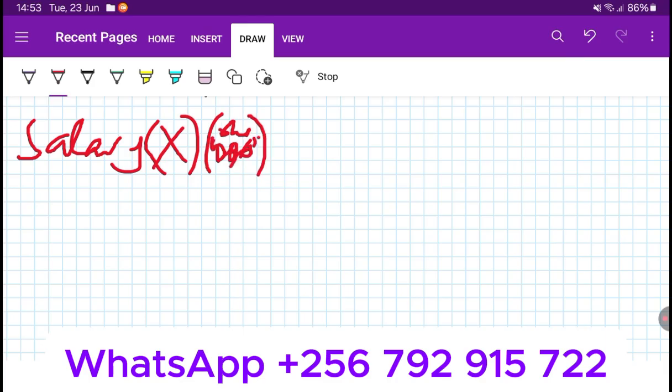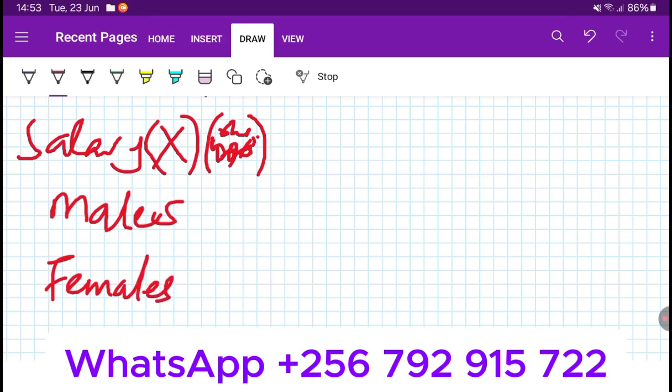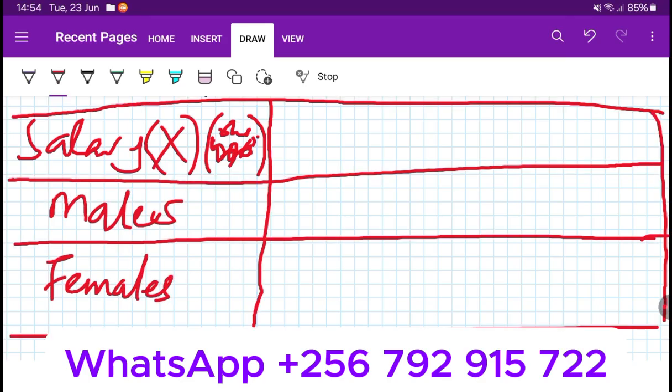But the information we have is both for males and then the females. So of course we have those 100 to 300, then 300 to 500.